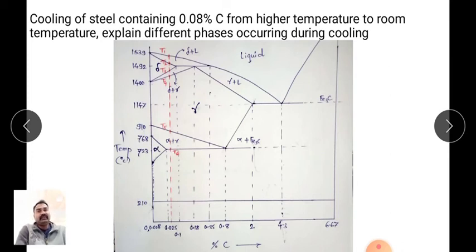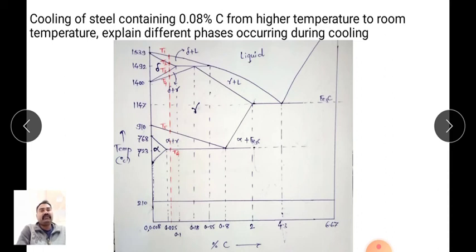at the points where that vertical line intersects the different curves, we mark the same points. Suppose it intersects here, mark T1. Suppose here, mark T2. Here, T3. Here, T4. It is not compulsory that every time we obtain T1 to T6. Somewhere we will obtain T1 to T4, somewhere T1 to T5.